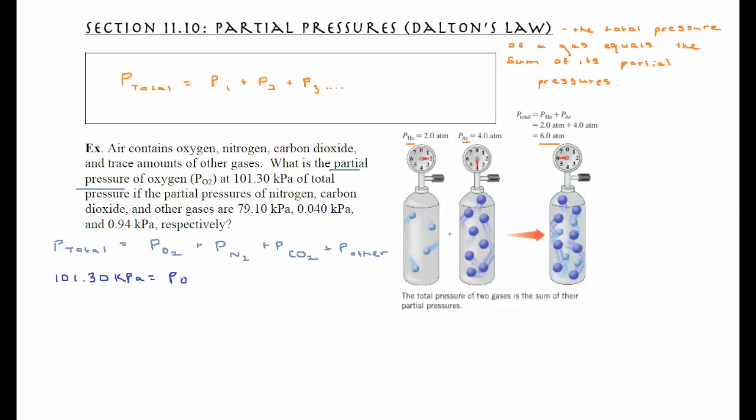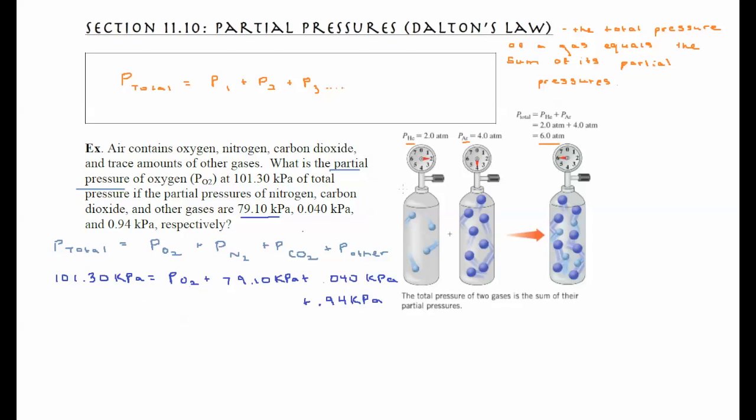So I'm just going to write PO2 here, plus the partial pressure of nitrogen, which is 79.10 kPa, plus the partial pressure of CO2, which is 0.040 kPa, plus 0.94 kPa, which is the partial pressure of the other gases.